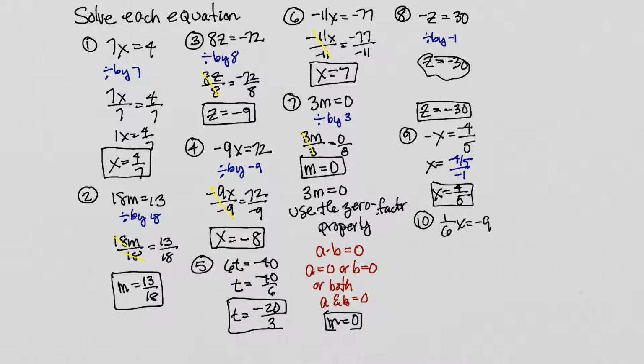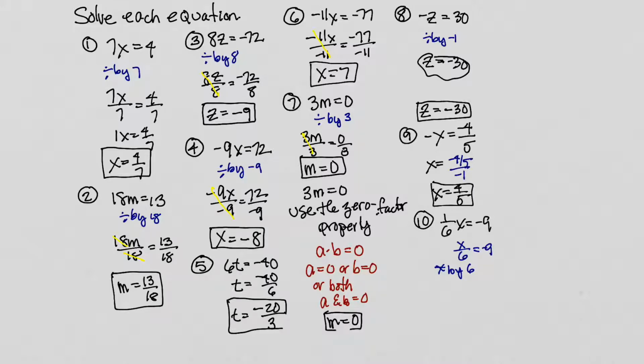On to 10. What we've got in 10 is, you can think of it as a multiplication, really, 1/6 times x. But I can think of this as a division looking like this. x over 6 equals negative 9. And the way I'm going to approach this is to multiply by 6.